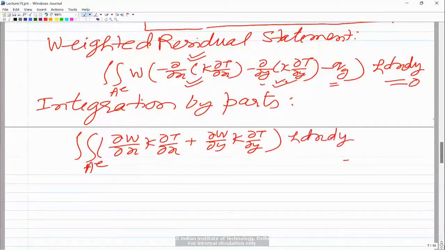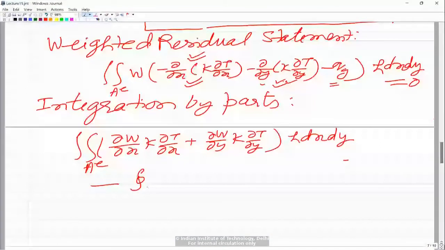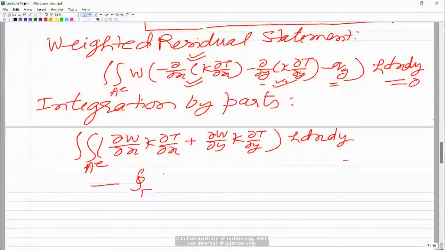And then, as I said, the boundary integral is going to be over the entire boundary. The circle means it is integration over the closed boundary, and this capital gamma denotes that it is a boundary integral. And minus is because when you are writing the first term, you will integrate this, so we will have minus w into k into del T by del x at the boundaries where x is equal to certain values, x0 and x1.